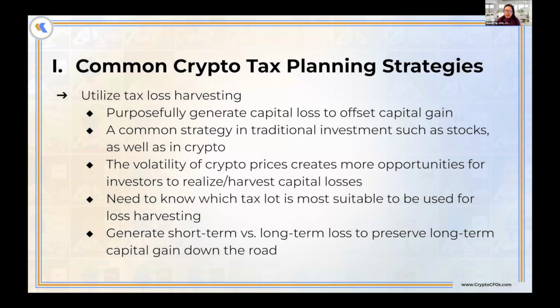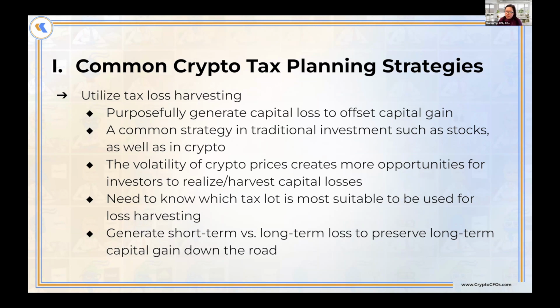All right, the next strategy is tax loss harvesting, meaning an investor purposefully generates capital losses to offset their capital gains from the same or other kind of investment. This is a common strategy for both traditional and crypto investments.